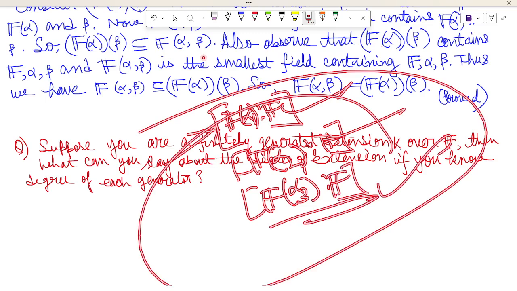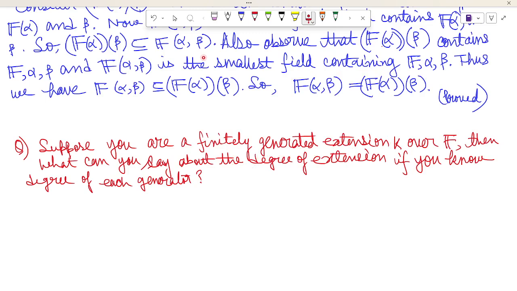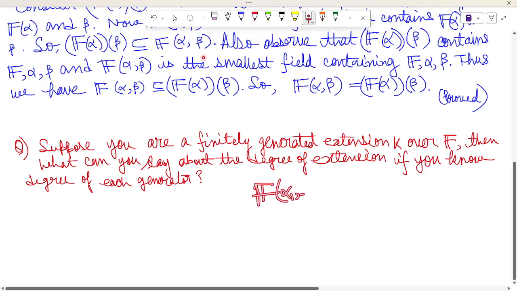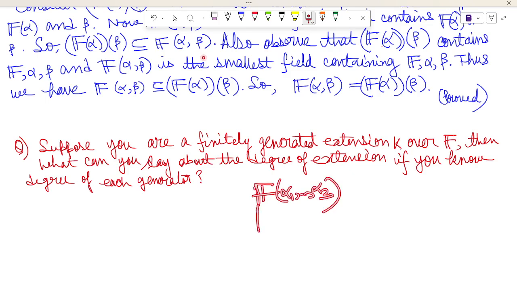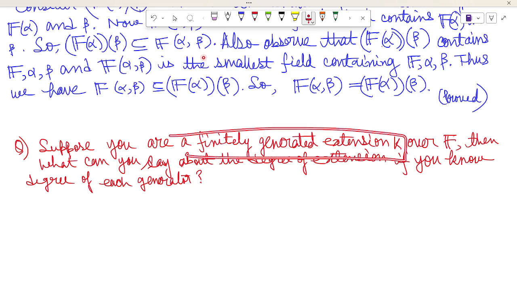So can you tell me what you can say about the degree of extension K over F? I mean, the total degree. First of all, can you say something if you know individually? Or if you cannot give me the proper answer, can you tell me something about it? That is an important question of finitely generated extensions.